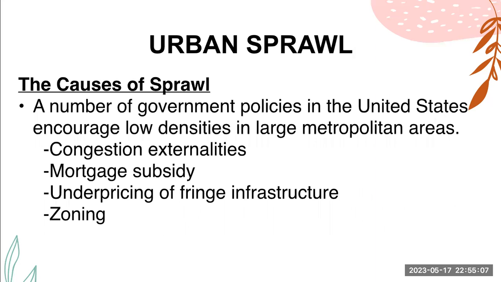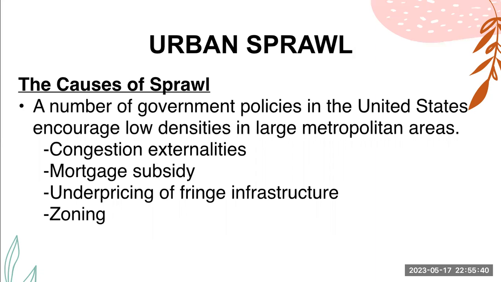A number of government policies in the United States have actually encouraged low densities in large metropolitan areas. For example, congestion externalities: people who use streets and highways during the peak travel period slow other drivers down, imposing an external cost.